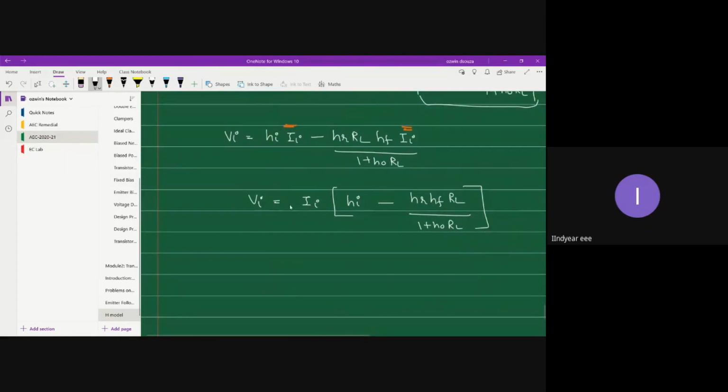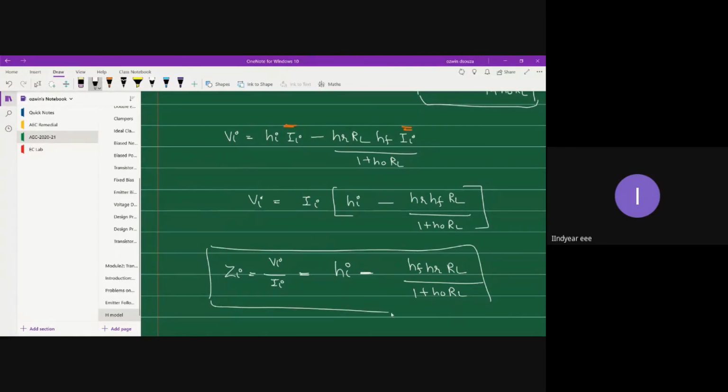Or you take out the ratio Vi by Ii. That gives Zi, and that is nothing but Hi minus Hf Hr RL divided by 1 plus Ho into RL. So that's our input impedance.